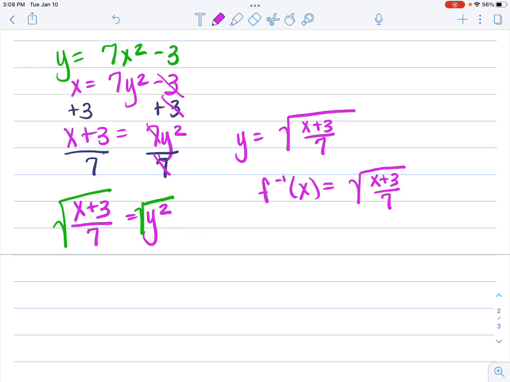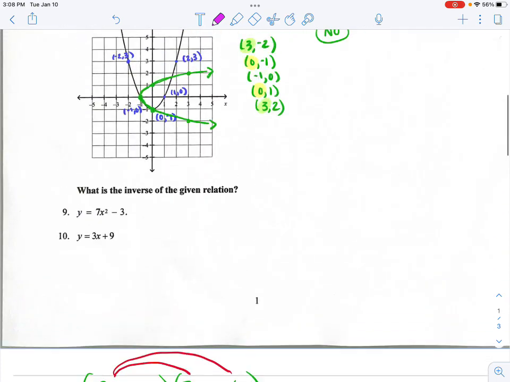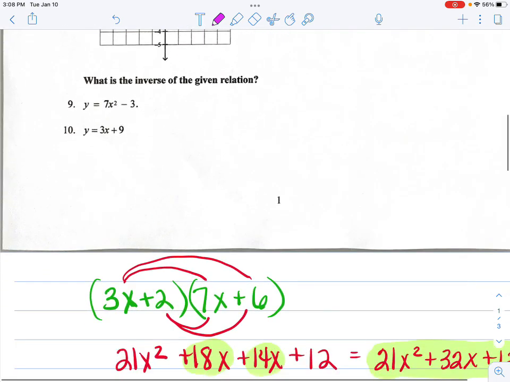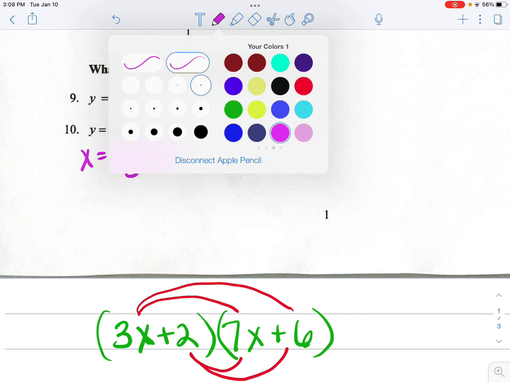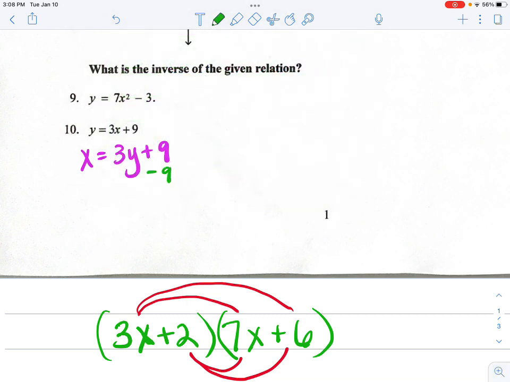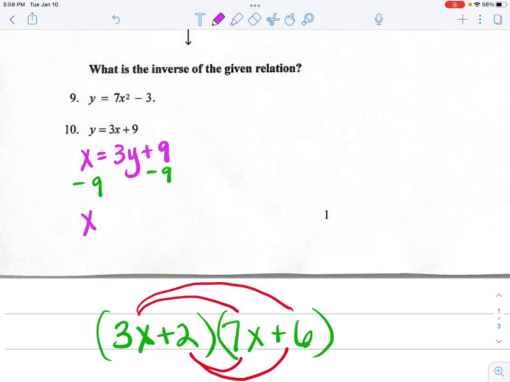All right. And really, number 10 is the same thing. It's actually a whole lot easier than that one. I'm going to work number 10 right here. Same thing. I'm going to switch. This becomes x equals 3y plus 9, switching my domain and range. So really, all I have to do on this one is subtract 9 on both sides. So this is going to give me x minus 9 equals 3y.